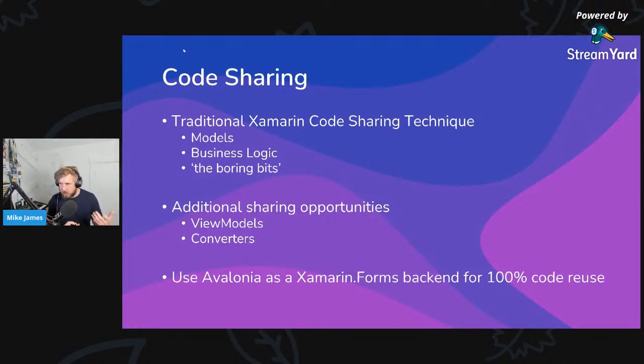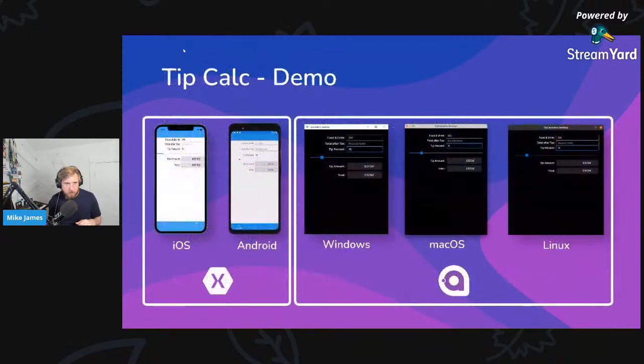This is really interesting to me, especially in the context of MAUI, because I've talked about how fantastic the Linux support is with Avalonia, and I think that could be a really viable option. I'm personally waiting to see how MAUI lands before I start to play around with it. But I think a community-backed Avalonia backend for the Linux MAUI side of things could be quite interesting. And as I say, there's already a project out there that supports it for Xamarin.Forms, at least as a proof of concept. But I'll demo that in a moment.